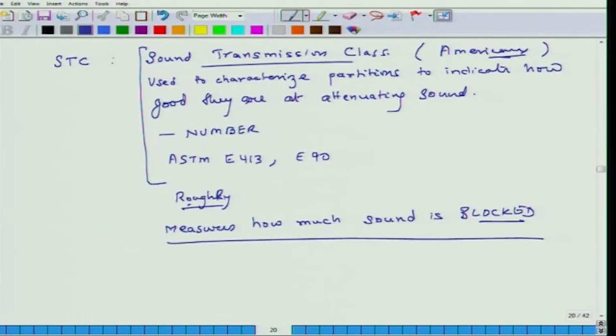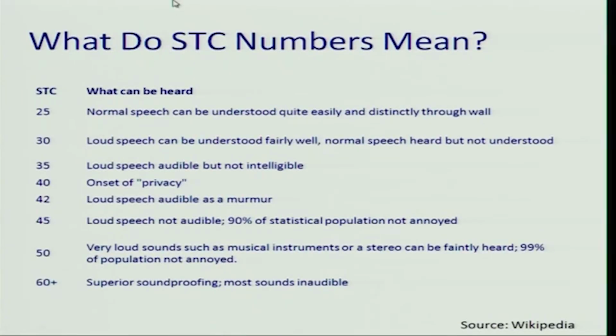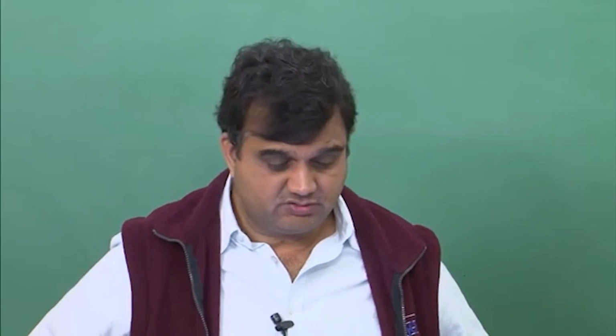And I will show you some values of STC. So what do these STC numbers mean? If there is some door, let's say, and you say that its STC is 25, it means that if I am talking on one side of the door, the other person on the other side can maybe clearly understand what is going on. That is the meaning of STC 25.